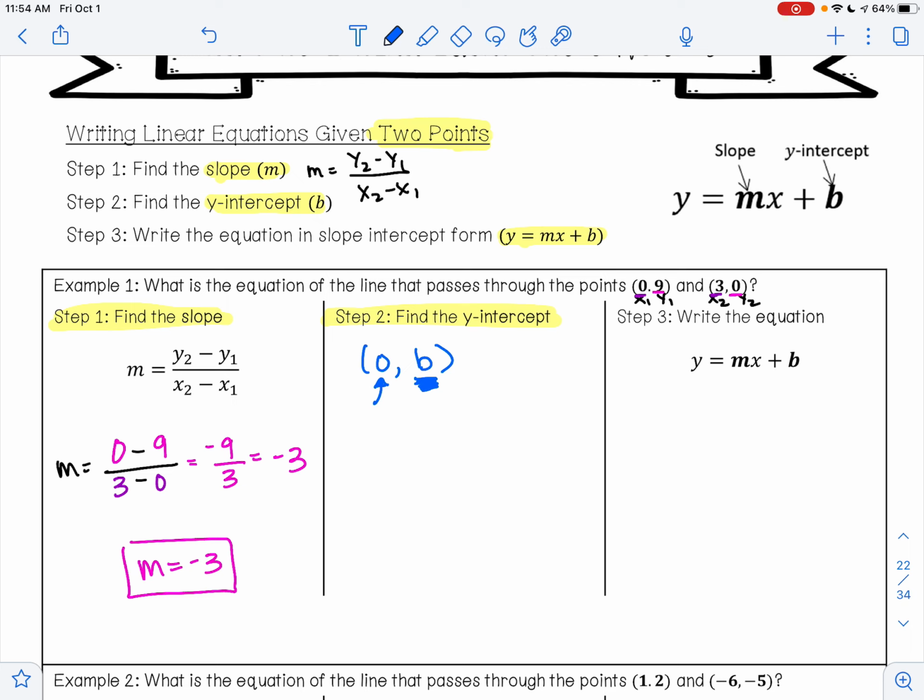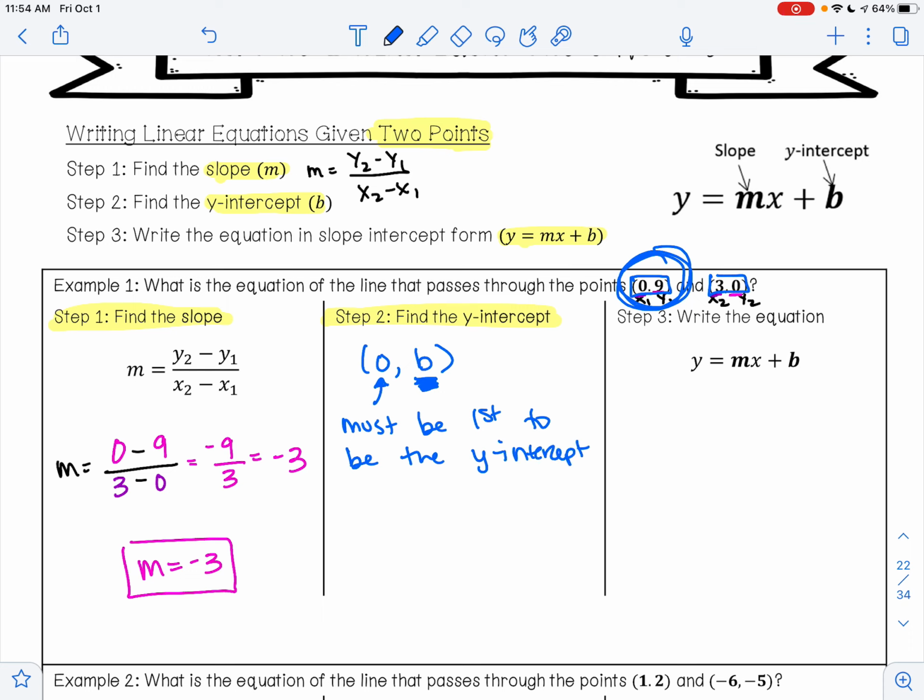The ordered pairs that I have are 0, 9, and 3, 0. One of these is the y-intercept. It is this one right here because 0 comes first. 0 must come first for it to be a y-intercept. Make sure you're writing this down.